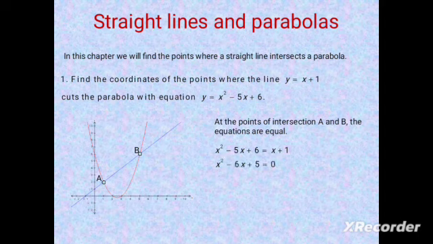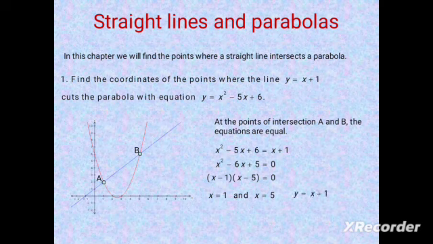So that one will give us x squared minus 6x plus 5 equal to 0. By factorization, you get x minus 1, x minus 5 equal to 0. And this one will give us x equal to 1 and x equal to 5. So you can see that at point A the value of x on the x-axis is 1, and at B the value of x is 5.